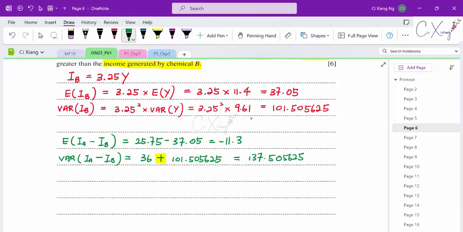Again, this is not my final answer yet, therefore I keep my value as long as possible. Since we know that all the A, B, X, Y are normally distributed, IA minus IB is also normally distributed. So you're having negative 11.3, and also the variance is this long value here.